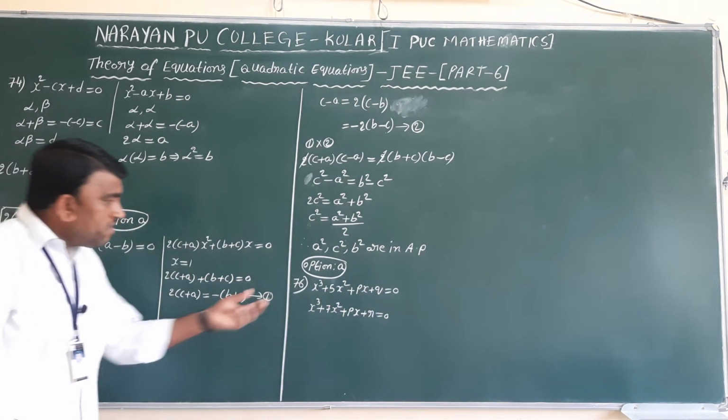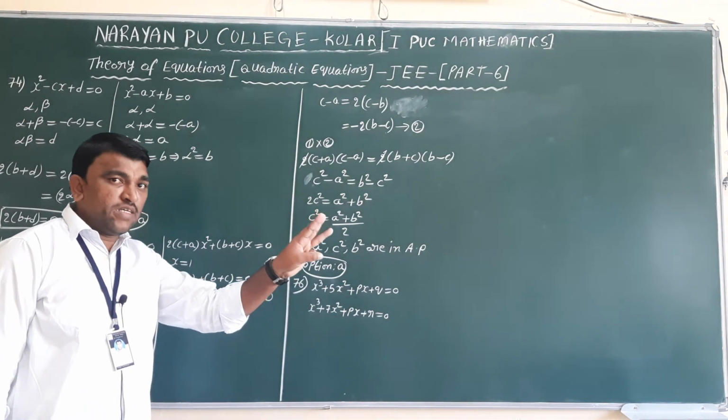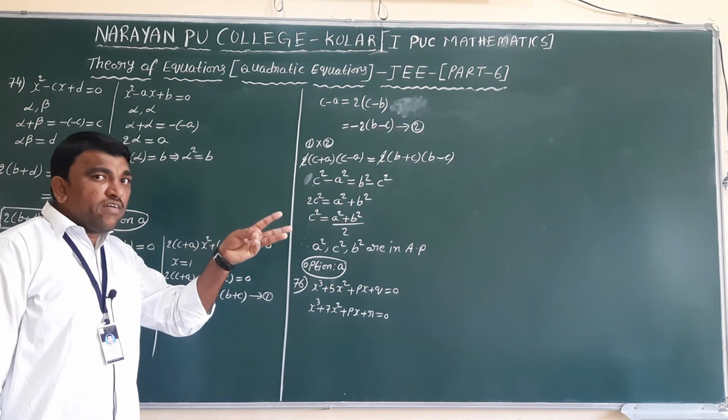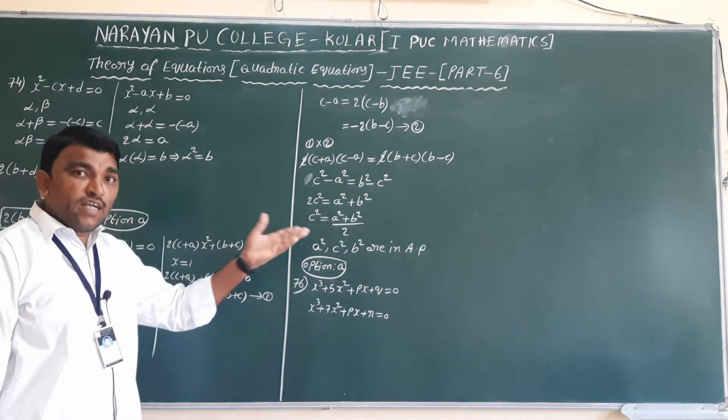For this we know 3 roots will exist, and for this also 3 roots will exist. Out of 3, 2 roots are common.